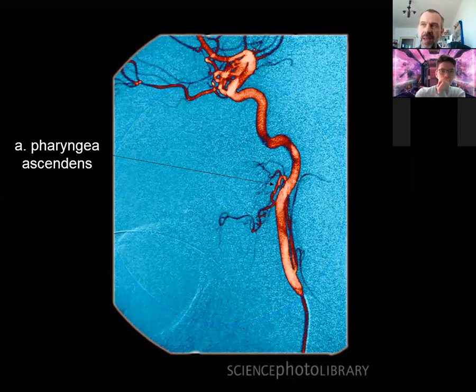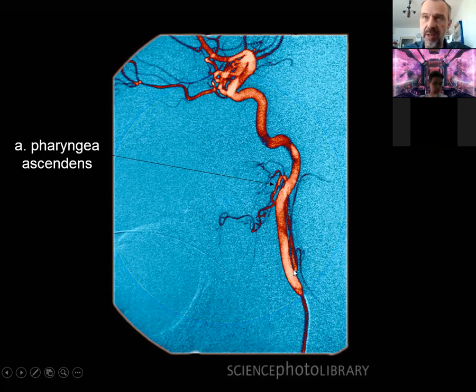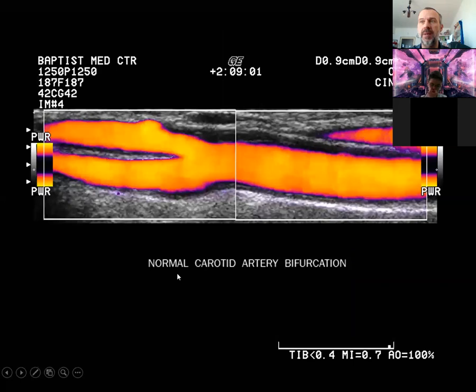The reason it can happen is that they both run in the retrostyloid space. So the ascending pharyngeal artery can branch not only from the external carotid, but its origin can be shifted up, and then it branches from the internal carotid inside the retrostyloid space. This is very rare, but it can be anatomically explained.